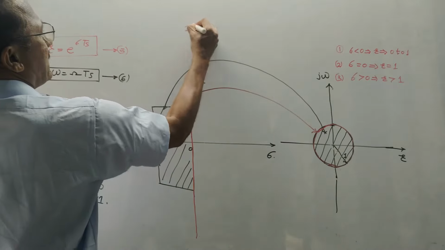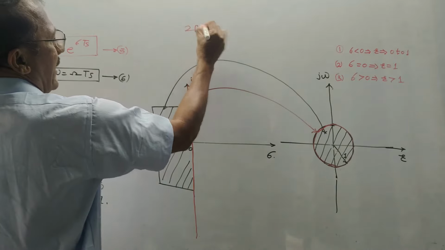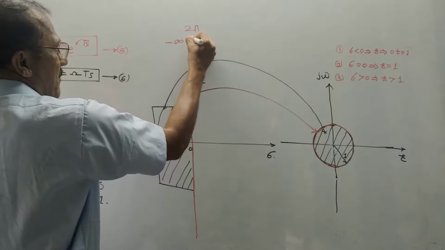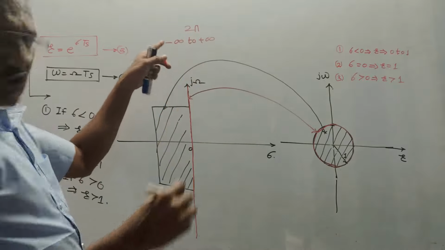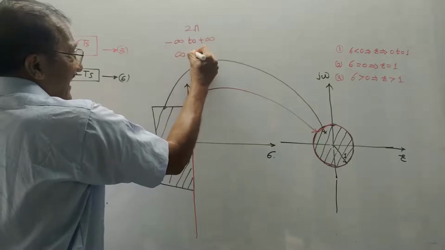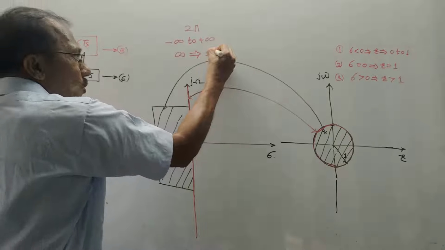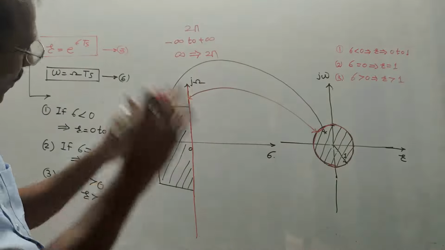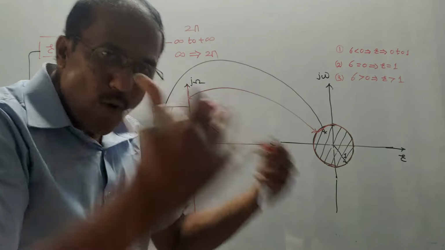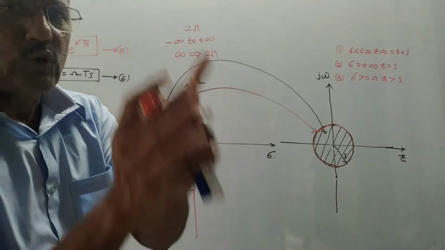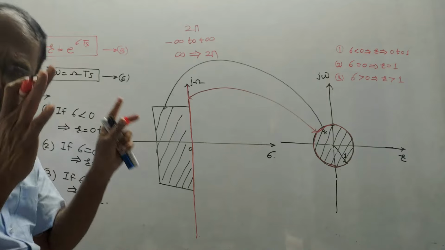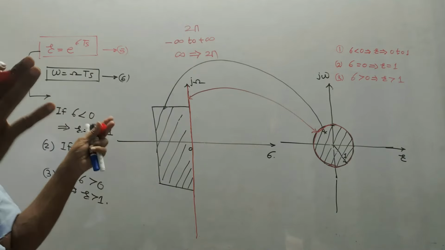The periphery of the unit circle is basically 2 pi r, so r is 1, so it is 2 pi. That means the entire j omega axis, from minus infinity to plus infinity, in simplified language, infinity values are getting converted into 2 pi number of values. So this is the mapping which indicates many to 1. Many things are equivalent to 1. It produces aliasing effect. This is the major drawback of the impulse invariance method.